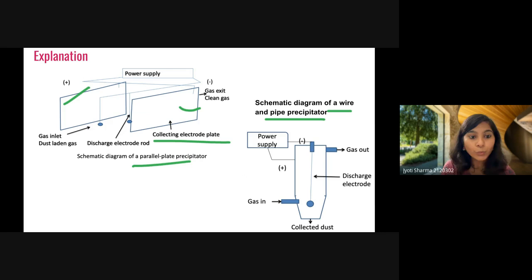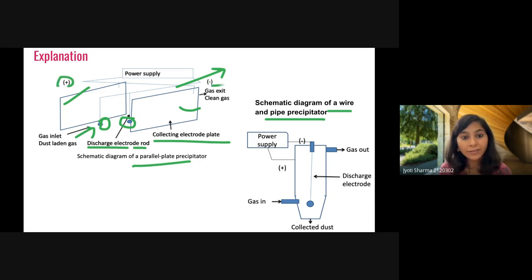Then we have these, our discharge electrode rods, these two, and the gas will come in from this part and will go out from this part. And this one has the positive charge, and here we have the negative charge in the discharge electrode rod. So this is how there will be the neutralization and collection of the particulate matter will happen.